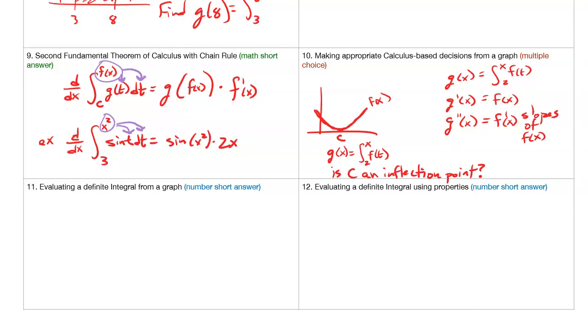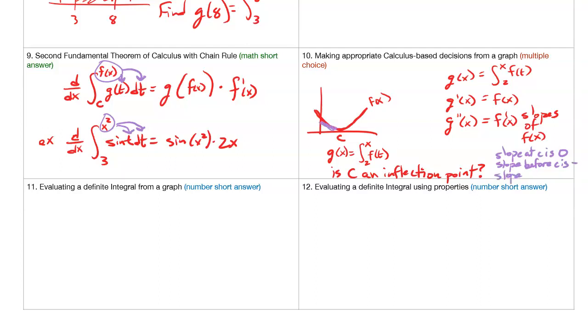Well, the slope at C is 0. So that would make C a possible inflection point. So C is a PIP. And then to determine if it is an inflection point, I need to look at the slopes before and after C. So slope before C is negative.